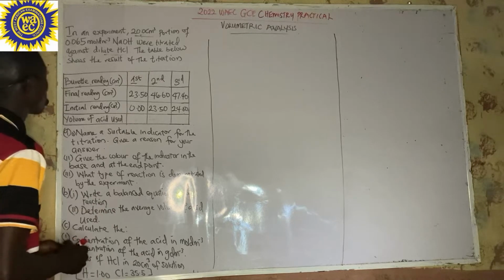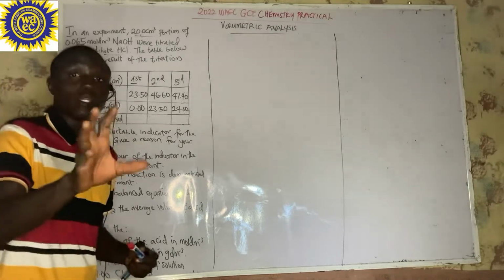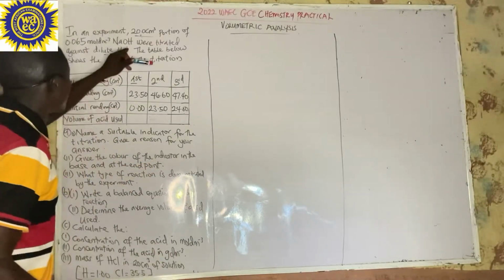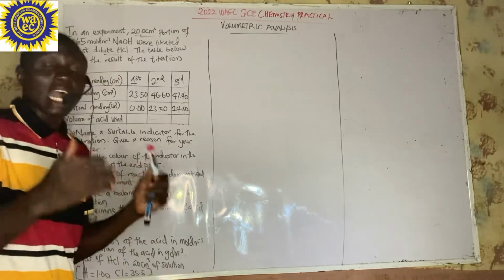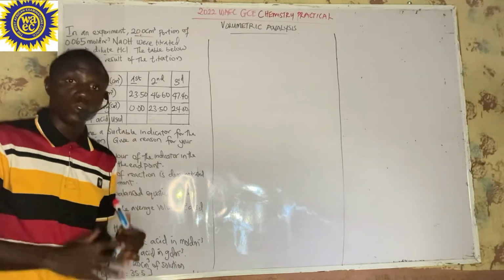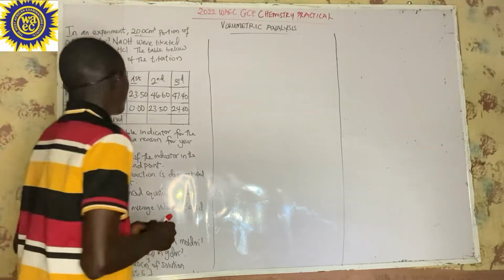Now, the first question is to identify which one is your acid and which one is your base, because the type of acid and the type of base used will determine the kind of indicator that I use for the reaction.